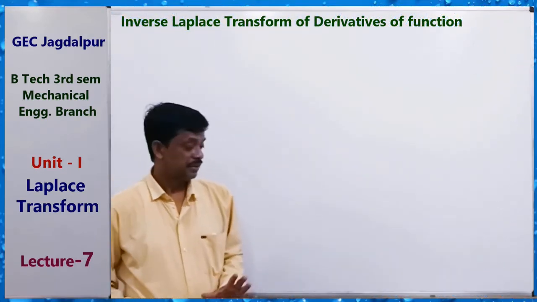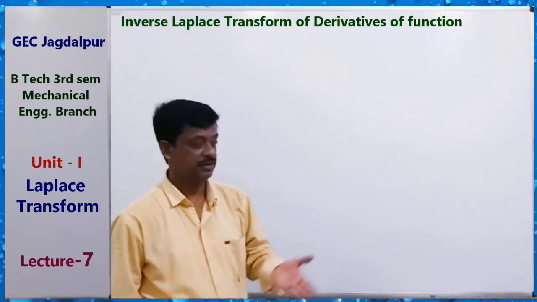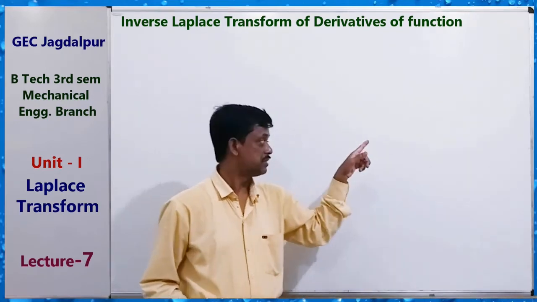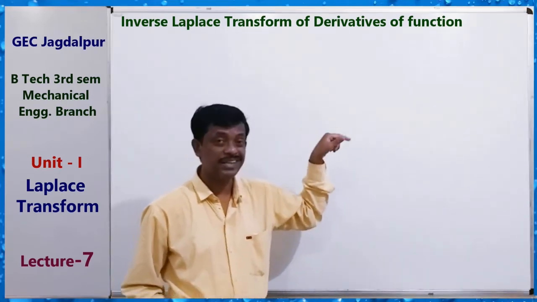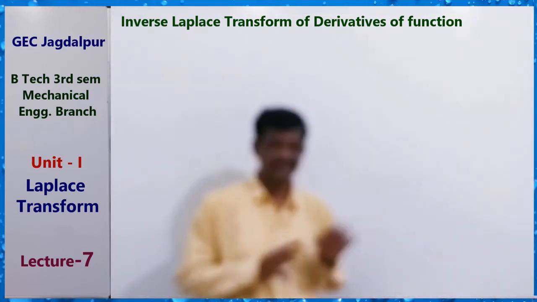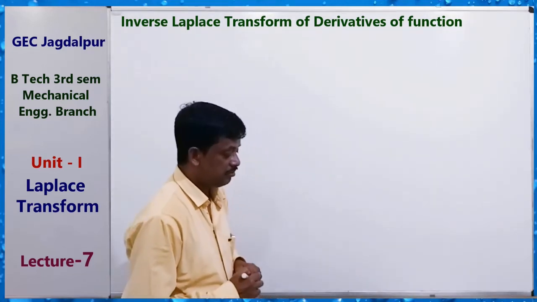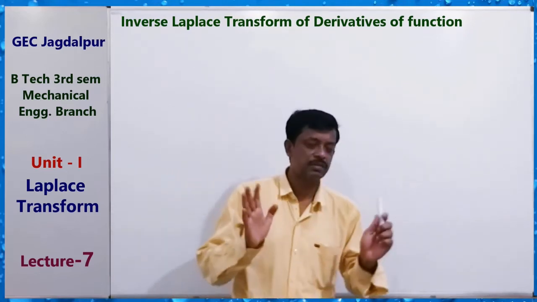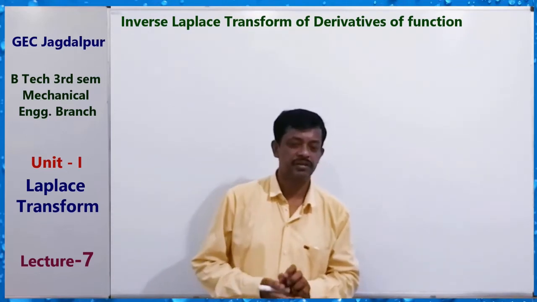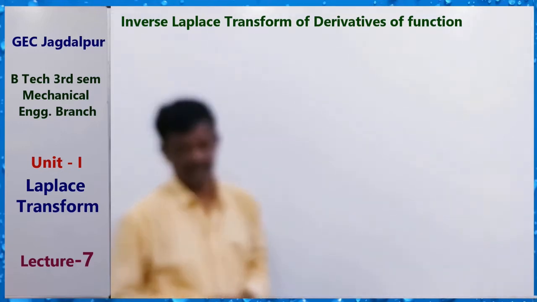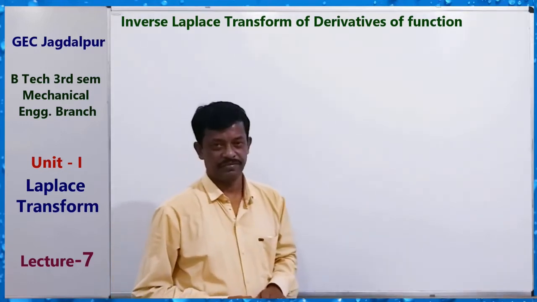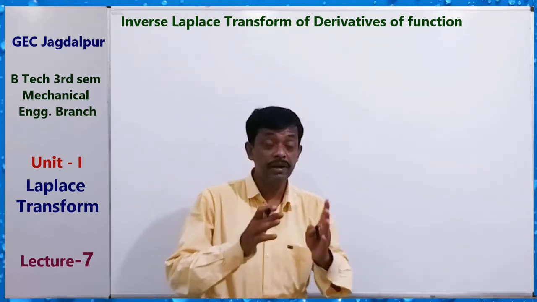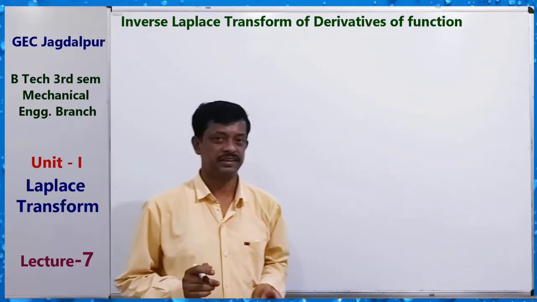Now, we have just discussed the inverse Laplace transform of f s bar by s, division by s. Now, the inverse Laplace transform of the derivative of f s bar we can find.